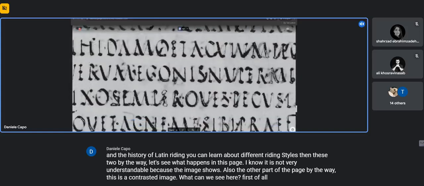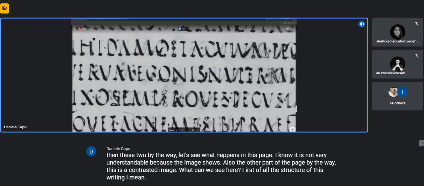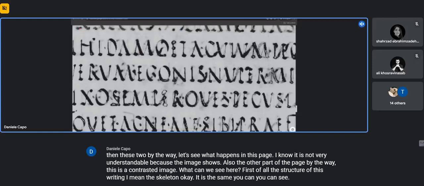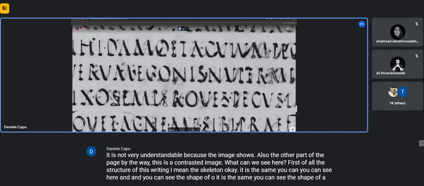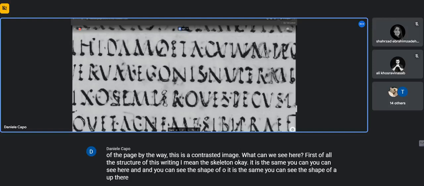First of all, the structure of this writing, I mean the skeleton, it is the same. You can see here an N. You can see the shape of O. It is the same. You can see the shape of A up there.